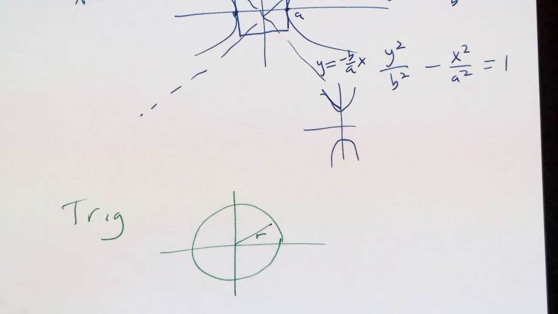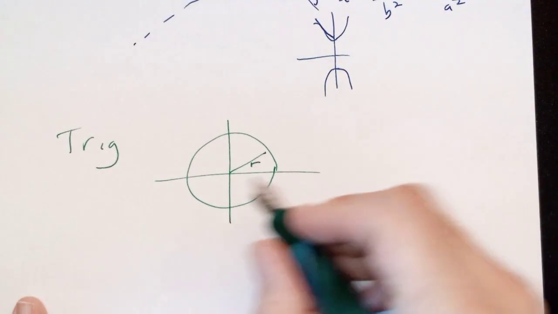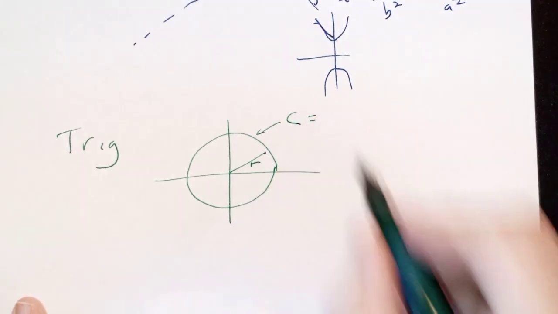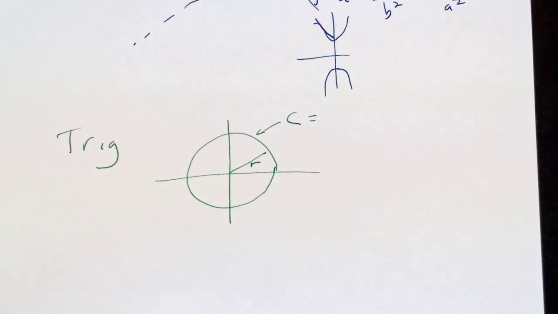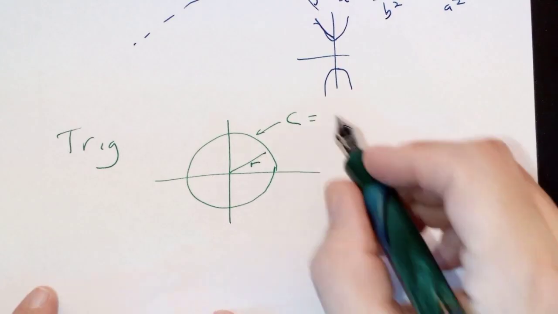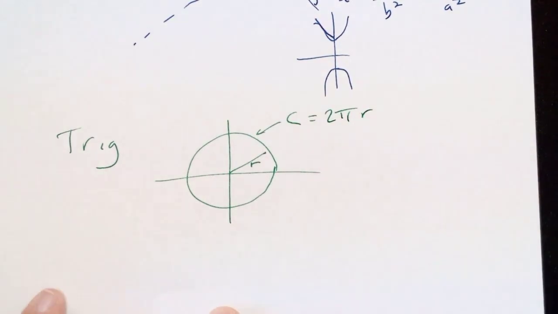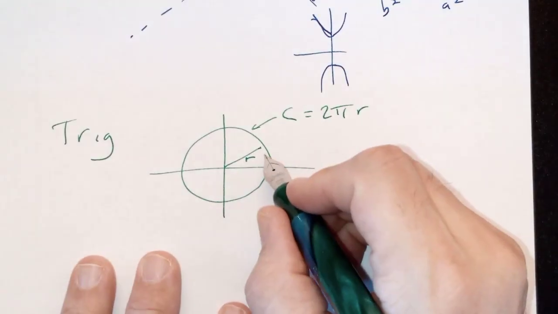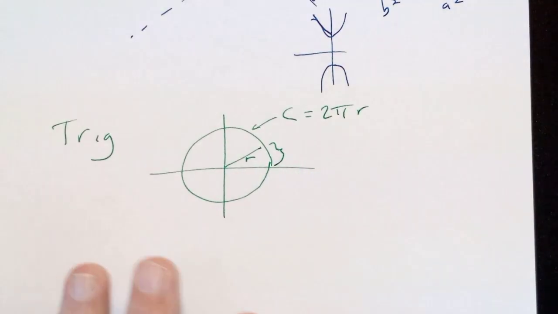If I have a circle whose radius is r, then what is the circumference of that circle? That's the area. Aha. So an angle actually measures the fraction of the arc cut out by that angle.